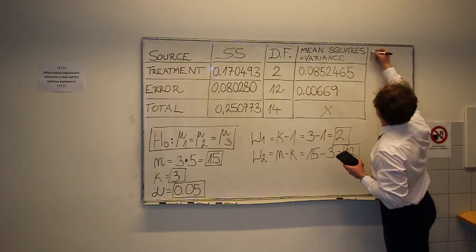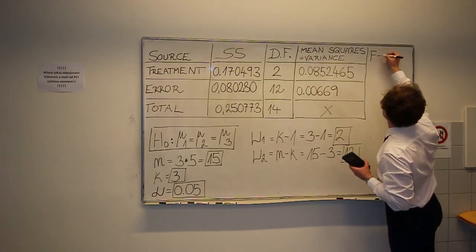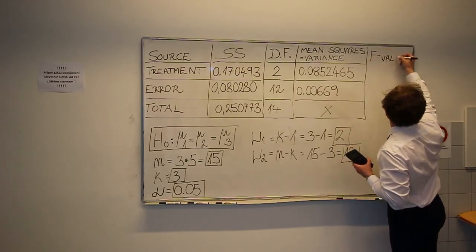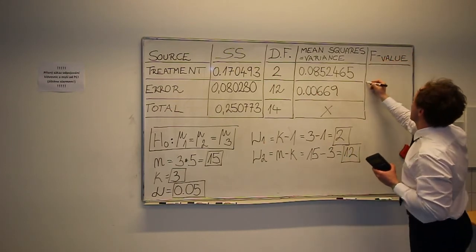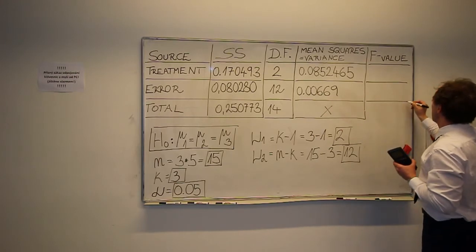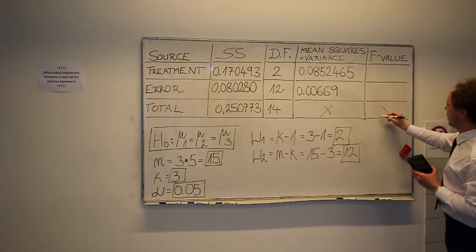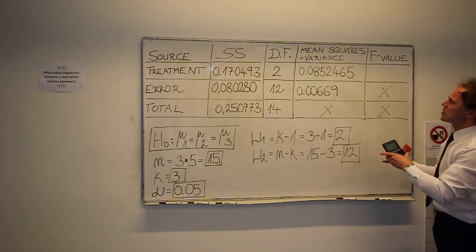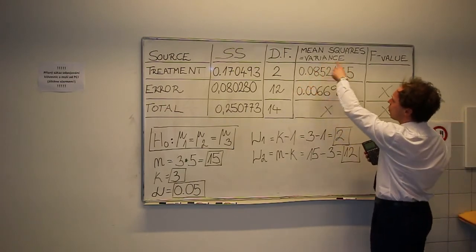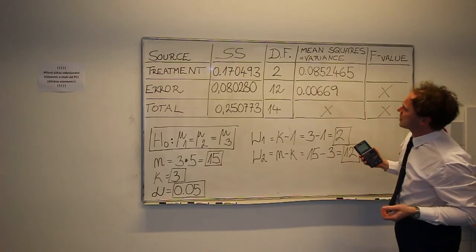And the F value, the F statistic, will be calculated here. You know that there is nothing over here, so it is the ratio of these two variances.